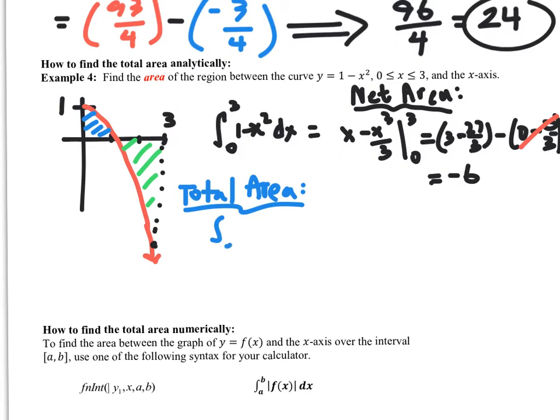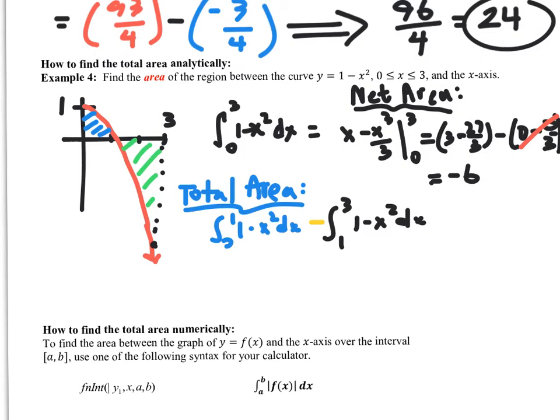So I'm going to do the area from 0 to 1 of 1 minus x squared dx. And I'm going to take the area from 1 to 3 of 1 minus x squared dx. And I could do the absolute value of that, or I could throw one in here and just subtract that. So that would take the opposite and change the sign of that area.